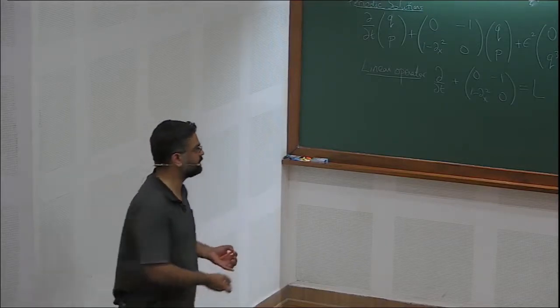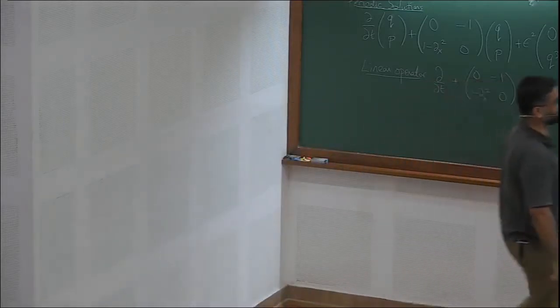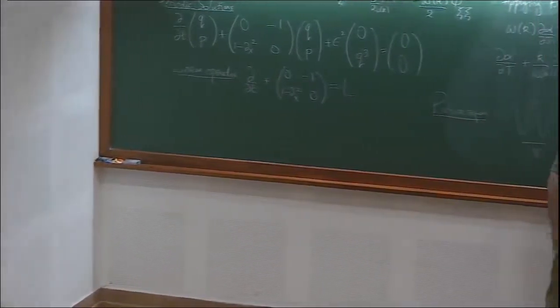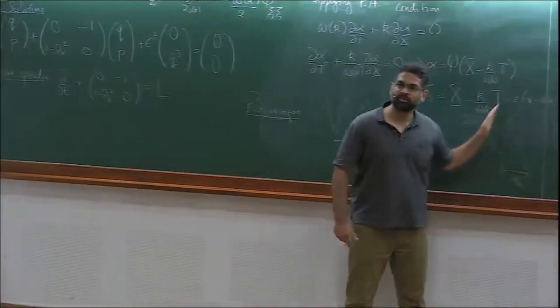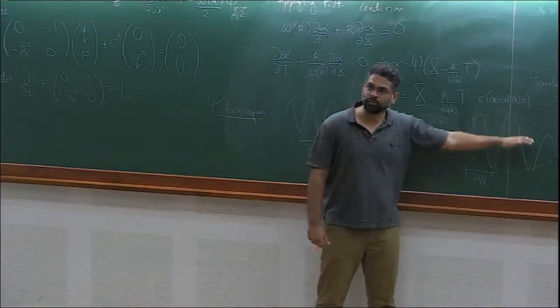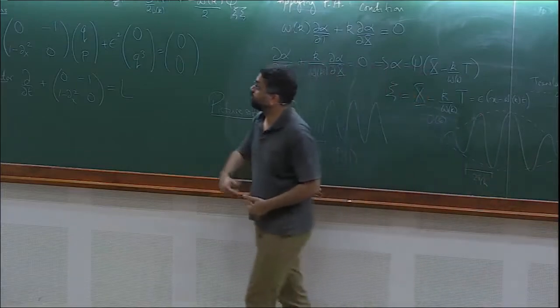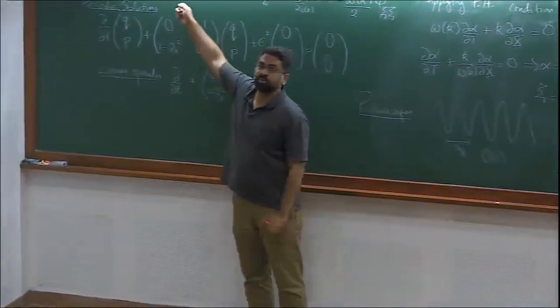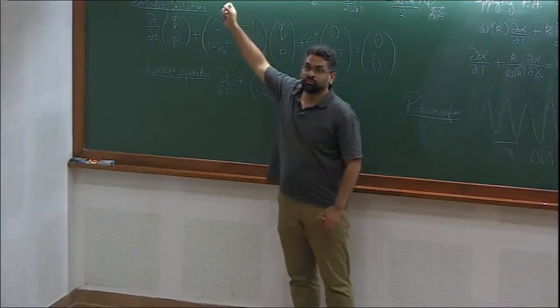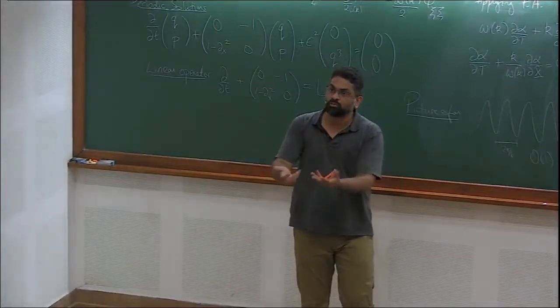So if your initial condition looks like this, this modulation is a spatial scale that you have introduced into the problem. How big is this modulation compared to, in non-dimensional terms, this number? That defines what you mean by epsilon.